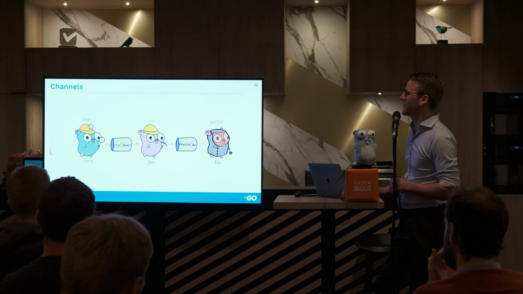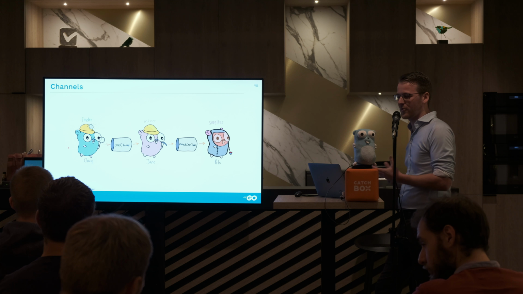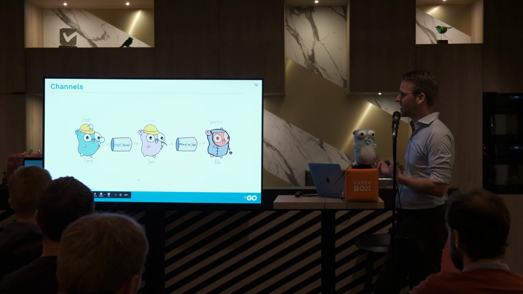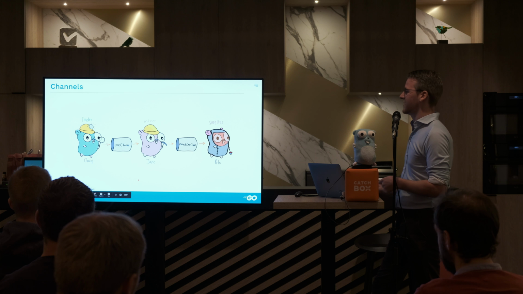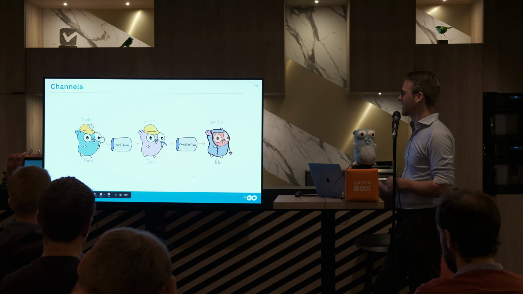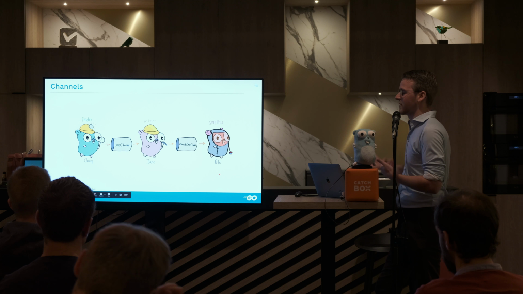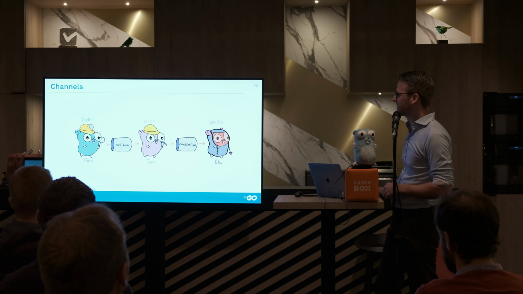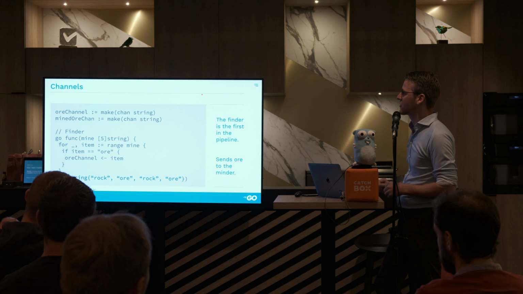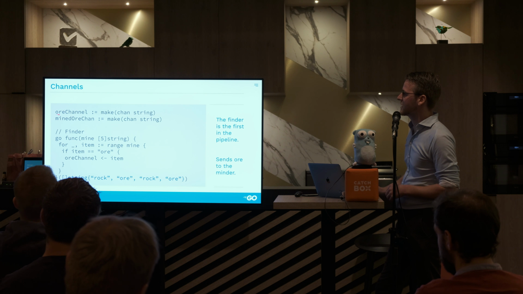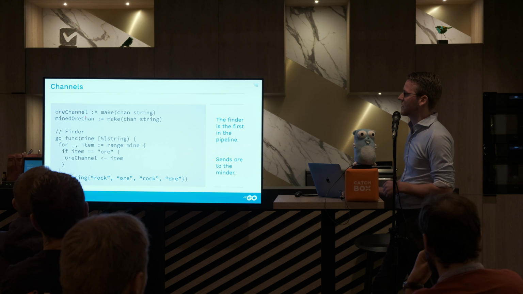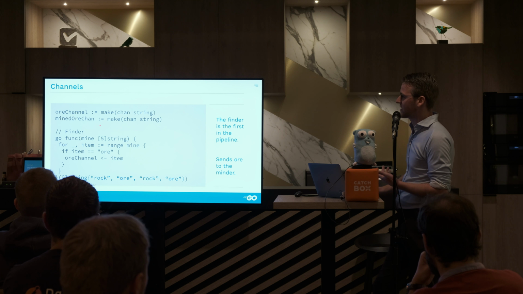Here we use a finder for ore, so maybe gold or something. We can give it to a miner that will mine it from the rocks, and then give it to a smelter, and then we get something like a gold bar. So we start up by creating a channel. We have an ore channel that contains strings, and a mined ore channel that also contains strings.